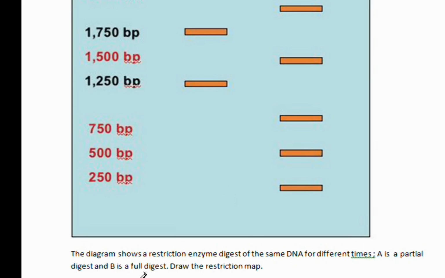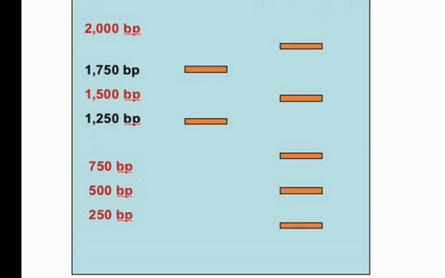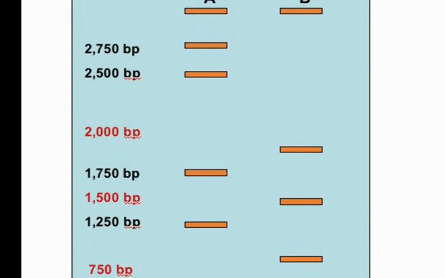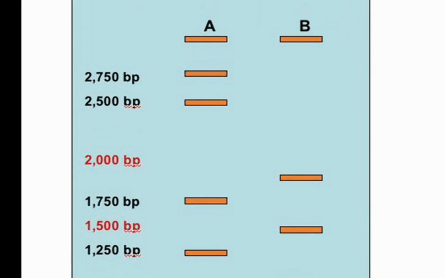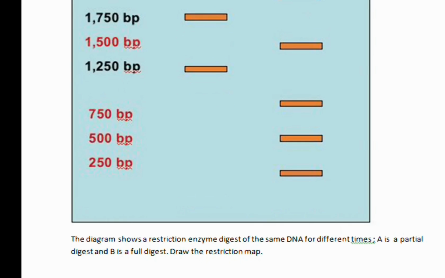So A is a partial digest and B is a full digest. And so from that, you have to try and draw the restriction maps. In other words, using your understanding of how DNA is cut by restriction enzymes, figure out where the restriction enzyme sites are based on the picture of the gel. So that's a typical example.